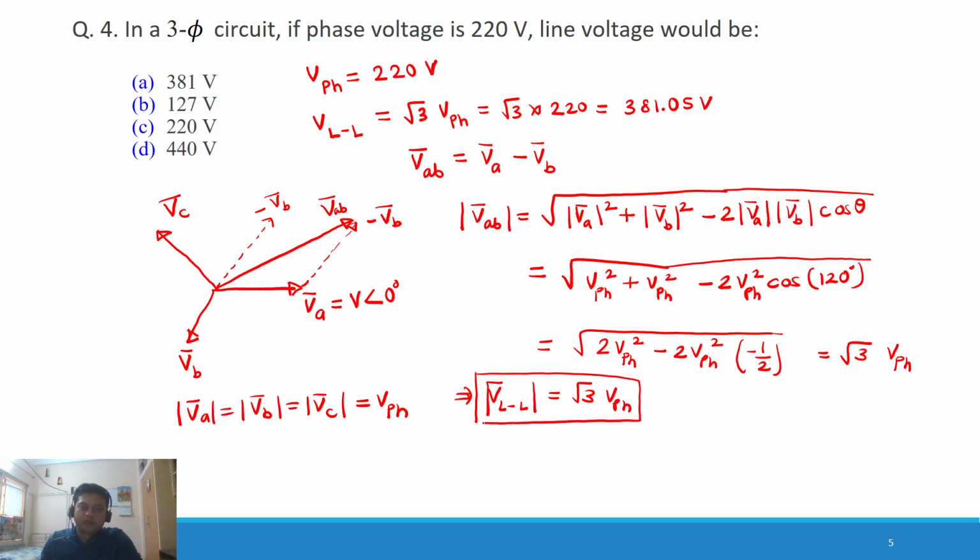And now suppose we want to find this angle, how much angle VAB is phase apart from this phase A. We have taken this A phase voltage as the reference voltage.